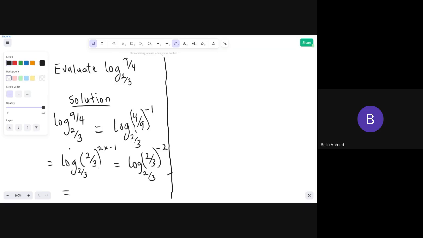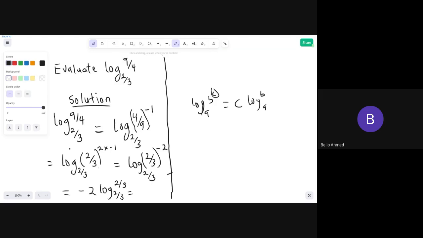Remember this law in logarithm: when you have logarithm of b raised to the power of c, base a, this power is going to come to the front, and then you write your logarithm of b base a. You understand? So this is the law we are going to apply. The negative 2 is going to come to the front, so that's going to be negative 2 times logarithm of 2 over 3, base 2 over 3.